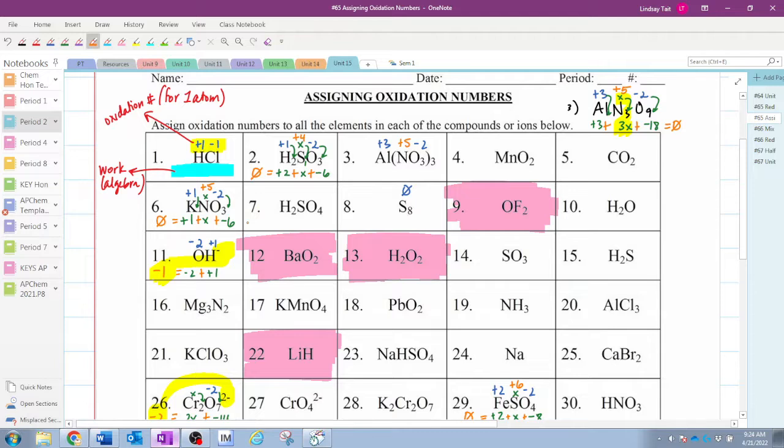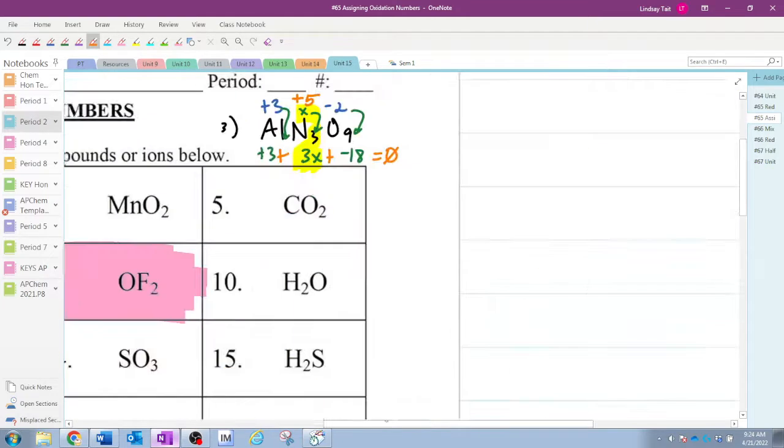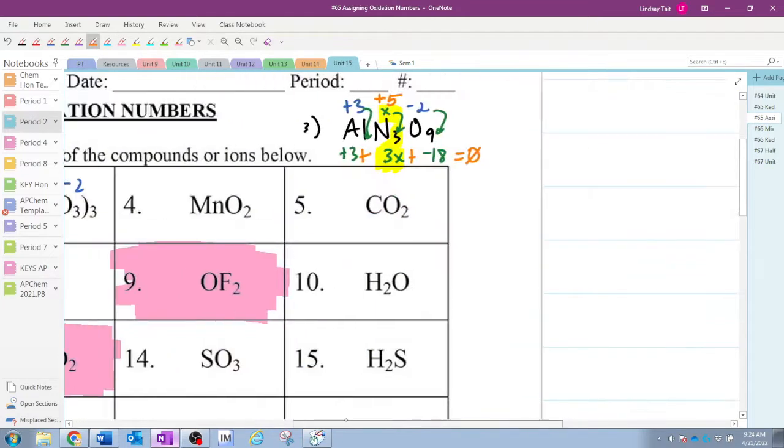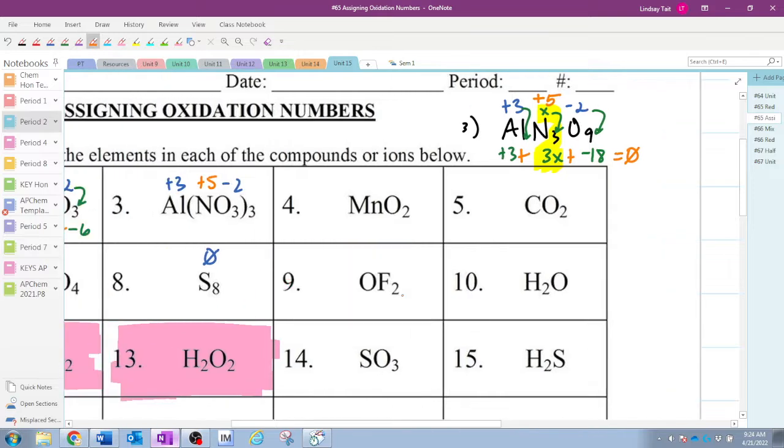But now for the exceptions. If you add up what you know and it does not add up to what it should, that's an exception. So put your pencil down because I'm going to write wrong stuff first as I figure out that I have an exception. So let me look first here at number 9, right? If I assigned these as I had learned them yesterday, I should have said that oxygen is -2.